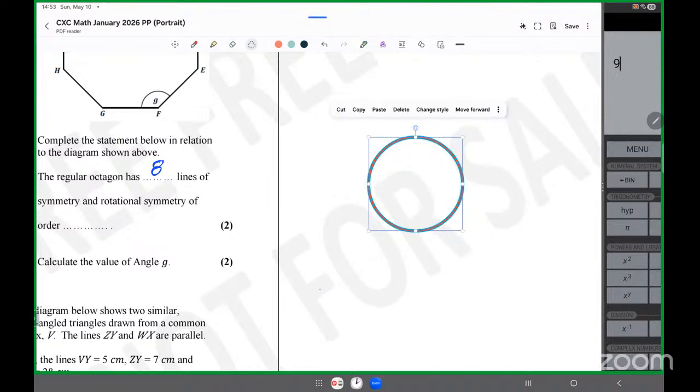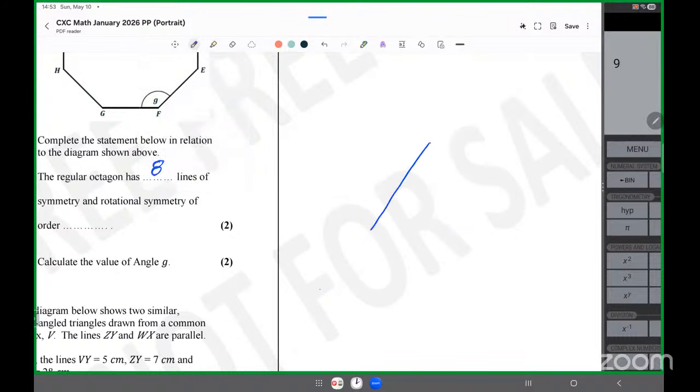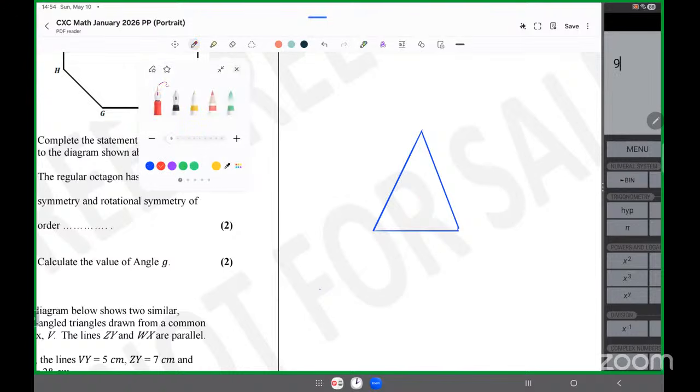The next shape we can try, somebody tell me a shape. What kind of triangle? Yeah, that's a triangle. Let's say we try an isosceles triangle, like this. Remember, you're rotating it about itself, for example about the center point.